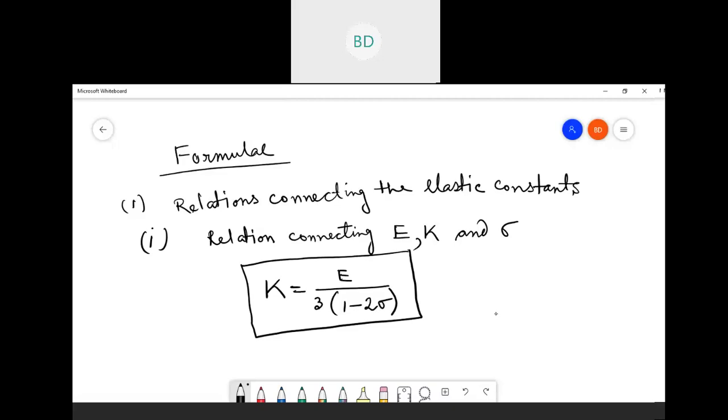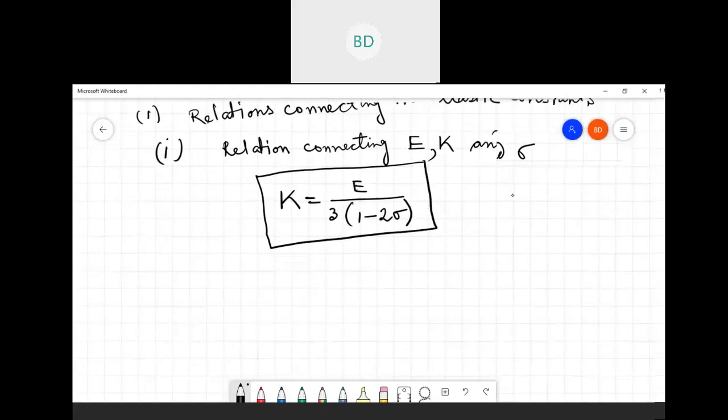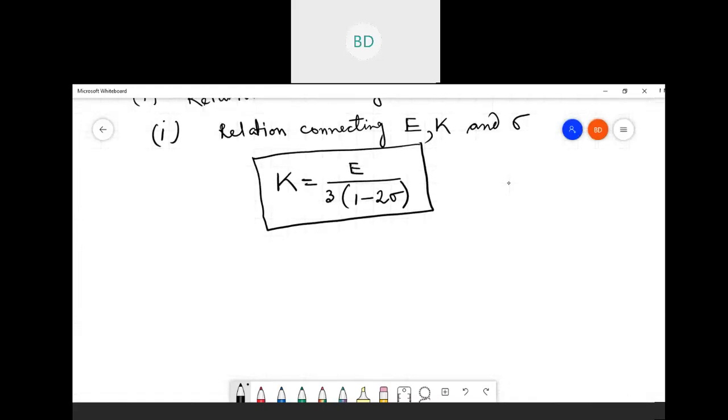Did I mention this earlier also? So connecting Young's modulus, rigidity modulus, and Poisson's ratio.